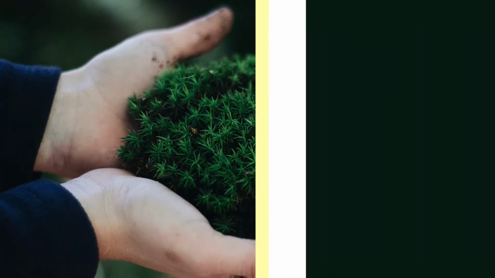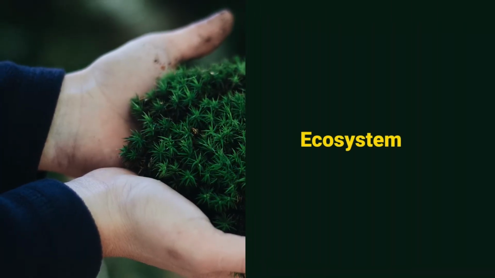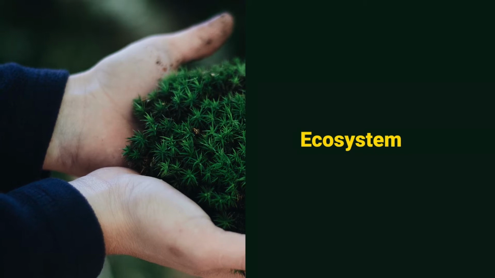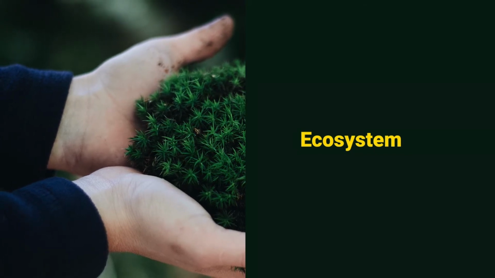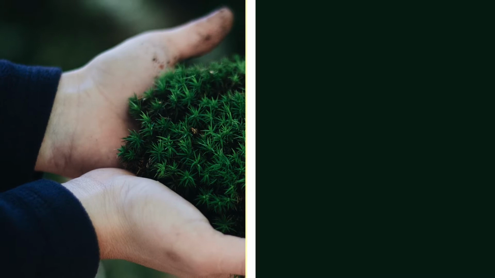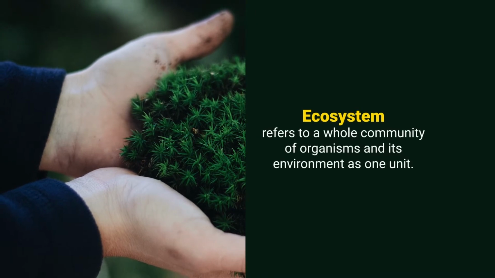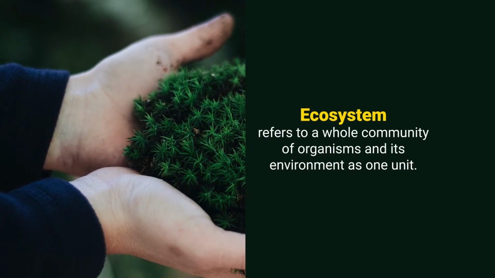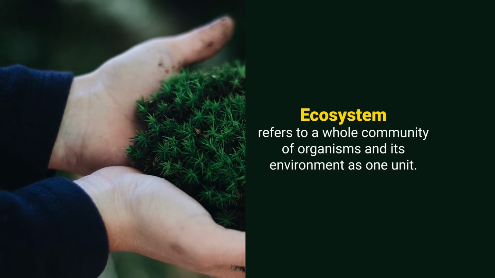So when the ecosystem is the basic unit of ecology, what is an ecosystem? Technically, the ecosystem refers to a whole community of organisms and its environment as one unit.